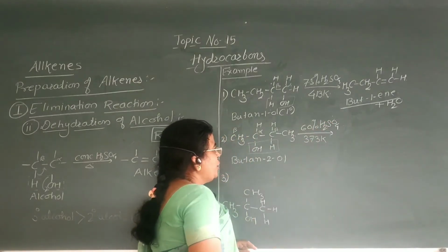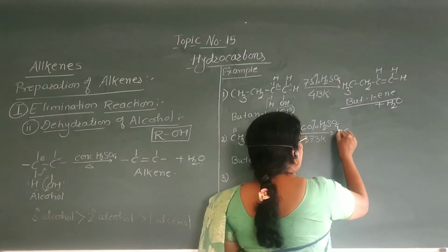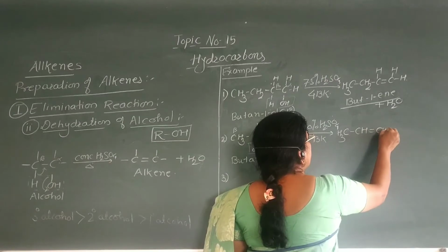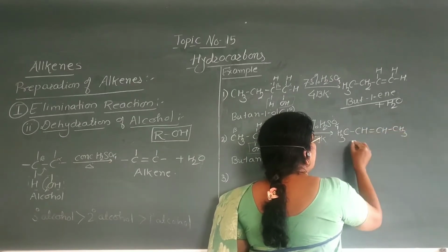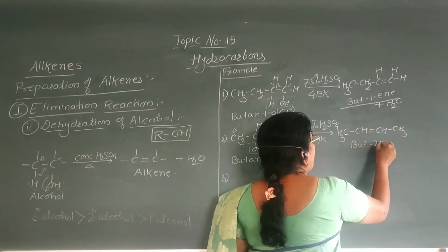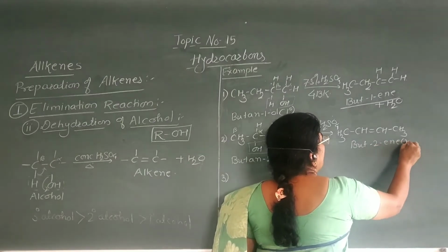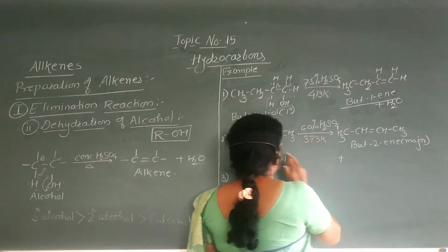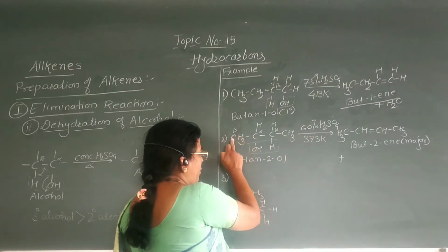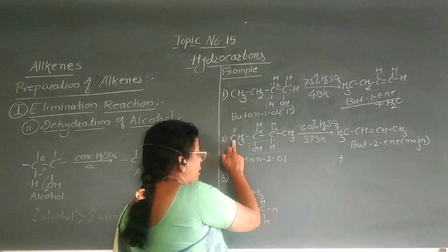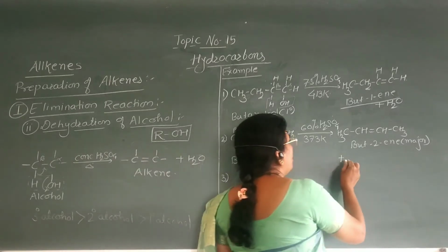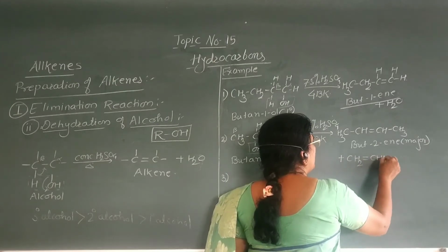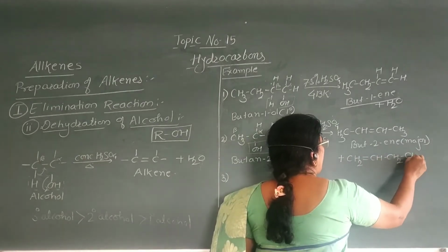Here formation of CH3CH=CHCH3, that is but-2-ene, takes place as a major product, plus if this alpha beta elimination is carried out, that is, hydrogen atom from this beta carbon atom is removed, then here formation of CH2=CHCH2CH3 takes place.